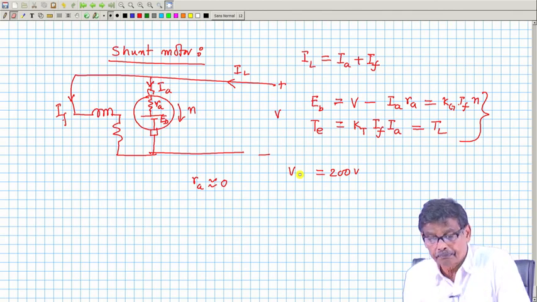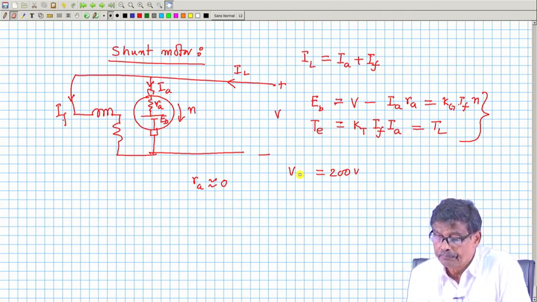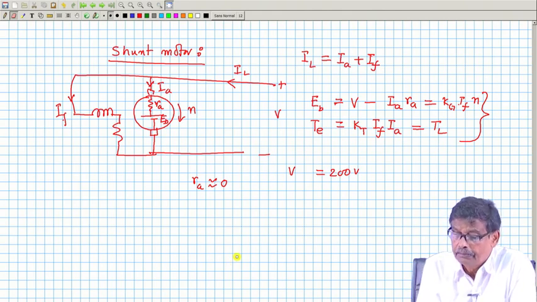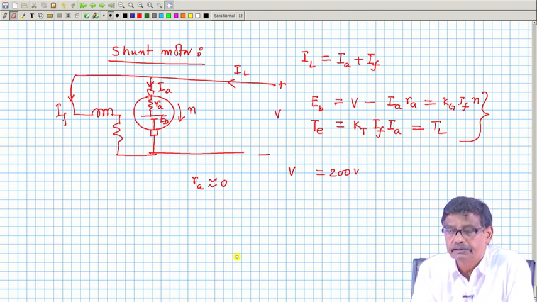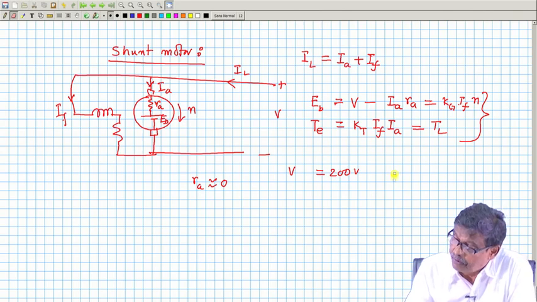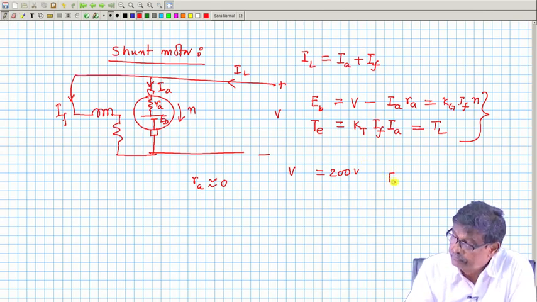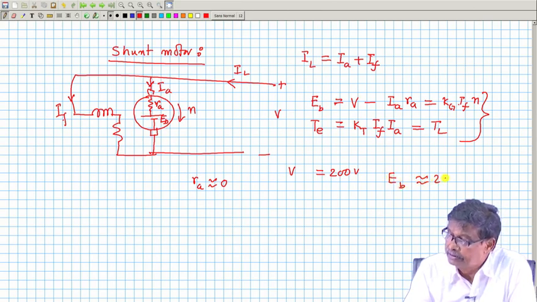Then what will be the back EMF of the machine? Then back EMF of the machine will be 200 only.